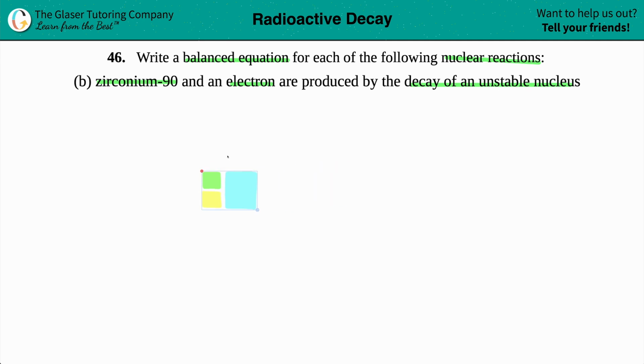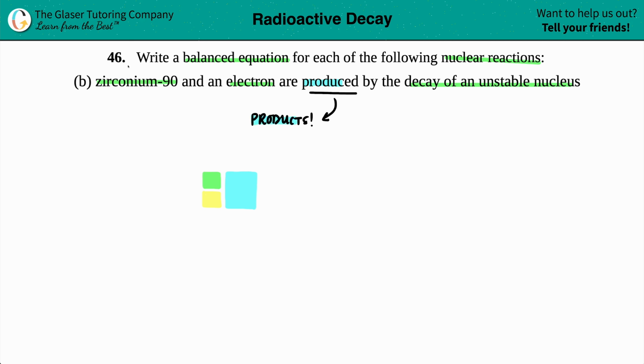So let's see where we're going to put this box first. Well, it says that zirconium and an electron are produced. So if you are producing something, that means that you're talking about something that's going on in the products side, right? Produced, product, products.